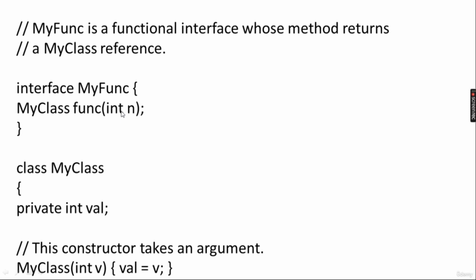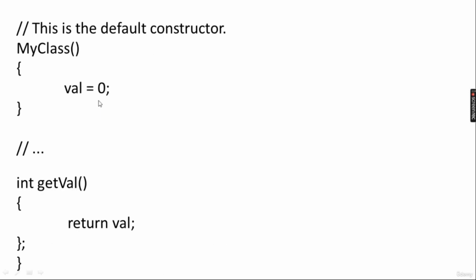Here also it is having one parameter n returning MyClass, one parameter b returning the object of the class MyClass, and it is also creating an object of the class MyClass, initialized to value equal to b. So it will be directly related to this functional interface.